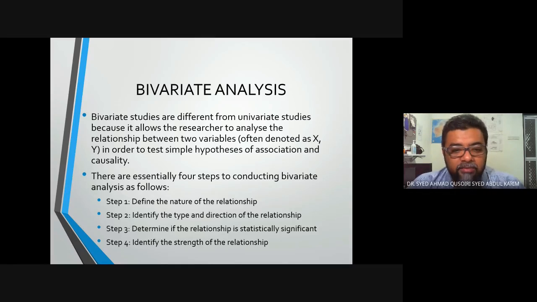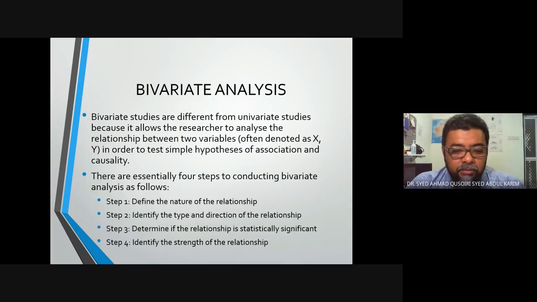In order to test simple hypotheses of association and causality. Okay. So there are essentially four steps in conducting bivariate analysis. Step one, define the nature of the relationship. This is where we want to find whether there is any relationship. Step two, if there is a relationship, or normally just one relationship, but there might be more, identify the type and direction of the relationship.